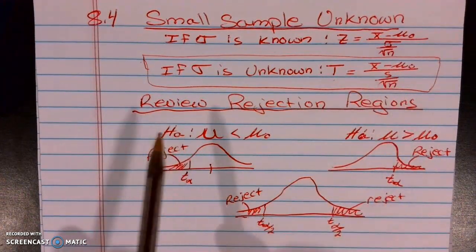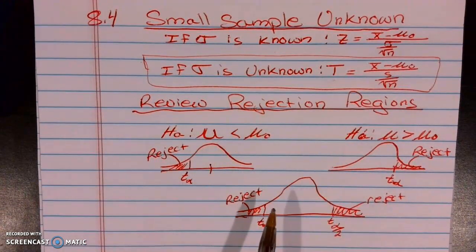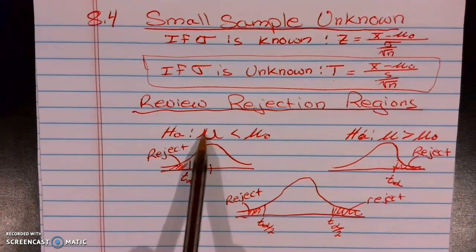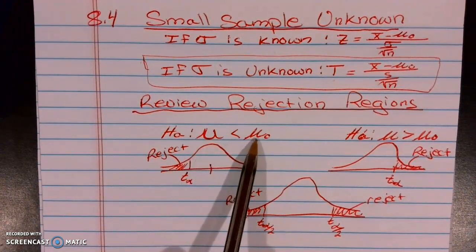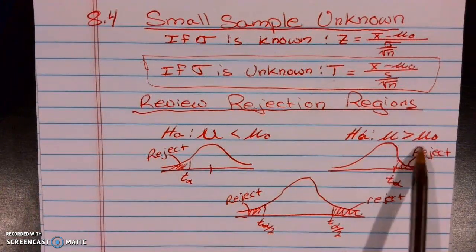So one thing I do want to do is just review the rejection regions, and we have these single-tailed tests. If our mean is less than, then we're going to be rejecting down here in the lower region. If it's greater than, then we're rejecting up here.